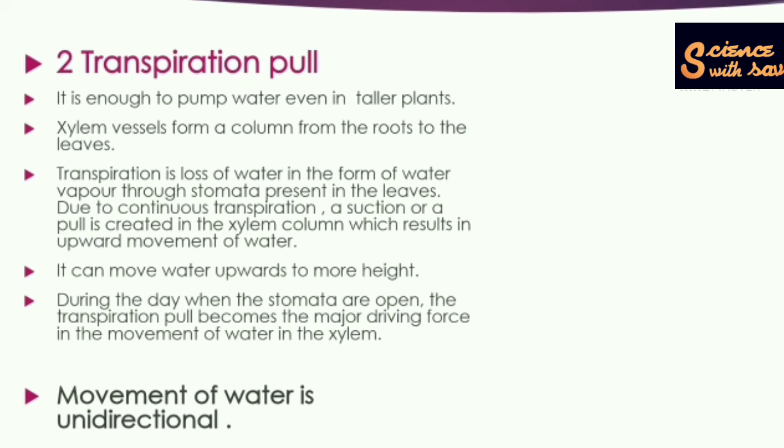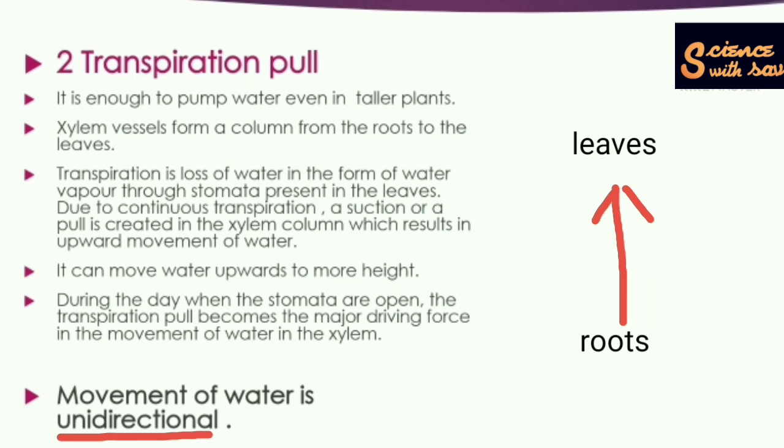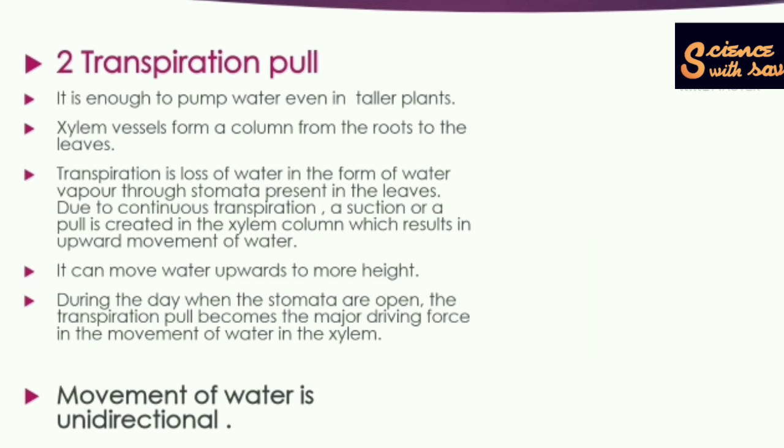It is the transpirational pull which plays a very important role in the ascent of sap. And one thing we need to remember, that in the movement of water and minerals in the xylem, the movement is always unidirectional. That is, the movement is always upward from the roots to the leaves. So in this way, the water is transported from the roots to the leaves by the xylem column.